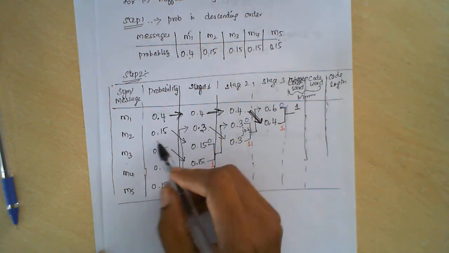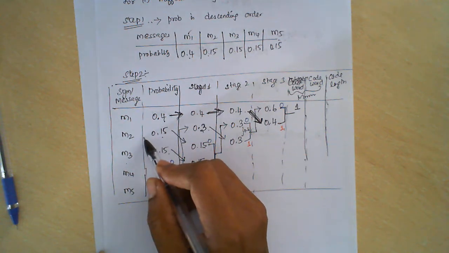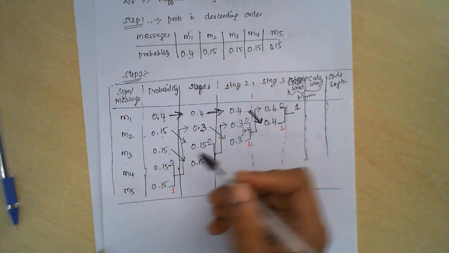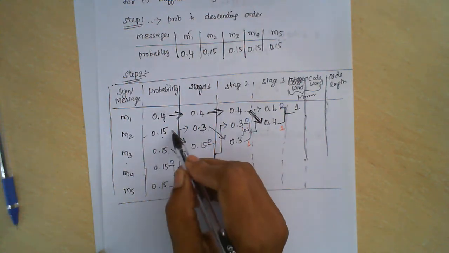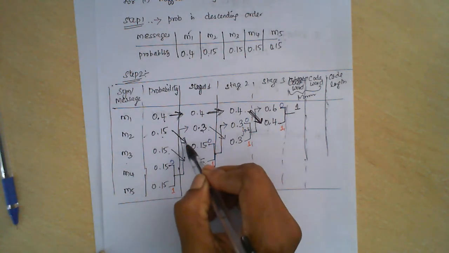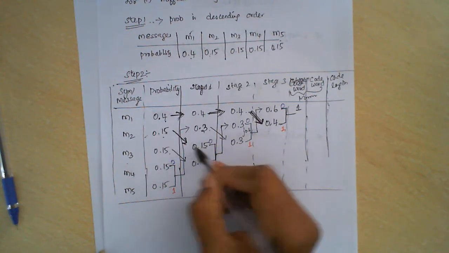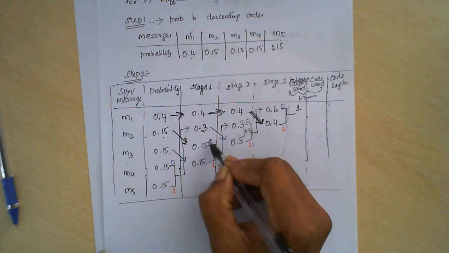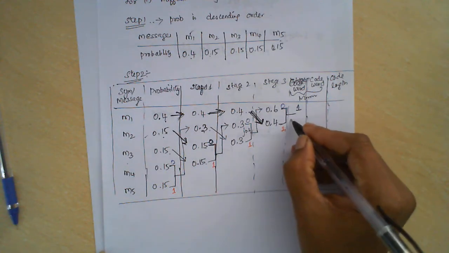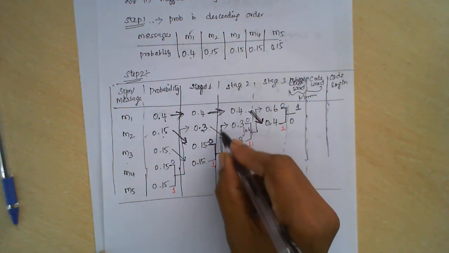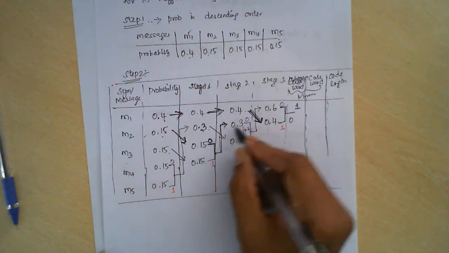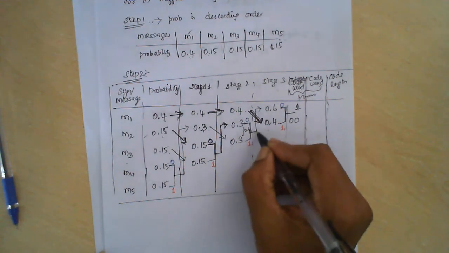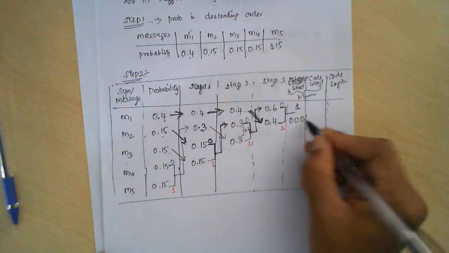Next, going for 0.15, that is message M2 with probability 0.15. Tracking this 0.15, the first bit achieved here is 0, next it is going up, it is also 0, then again it is going up, so it is 0.